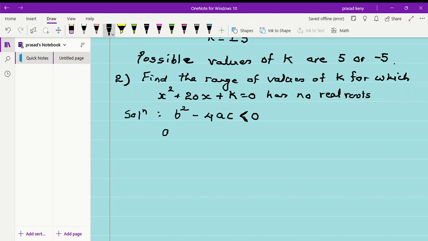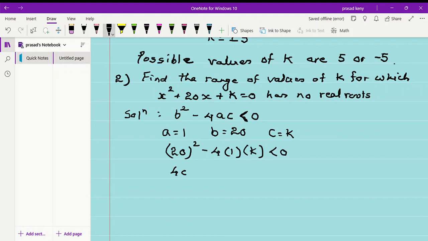That means a should be equal to 1, b should be 20, and c should be k. Put these values in the discriminant. So that means 20 square minus 4 into 1 into k is less than 0. So which means 400 minus 4k should be less than 0.